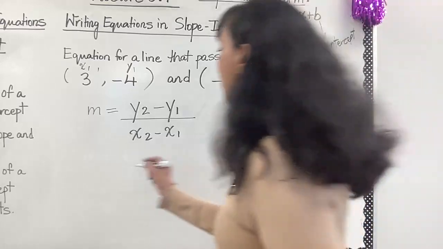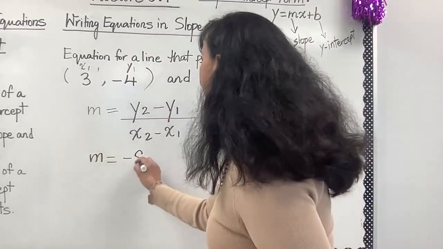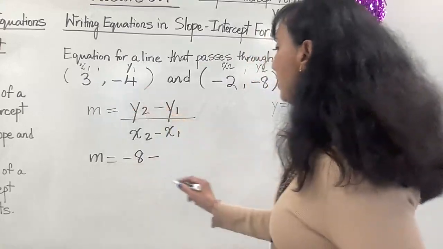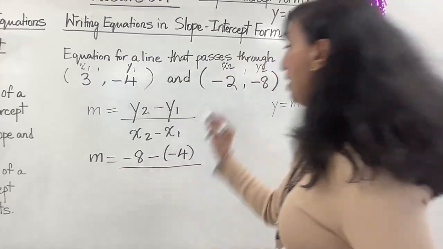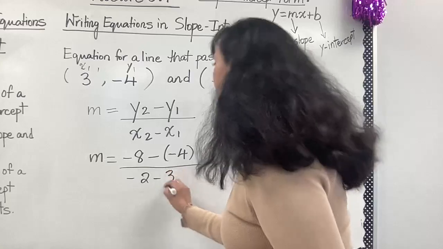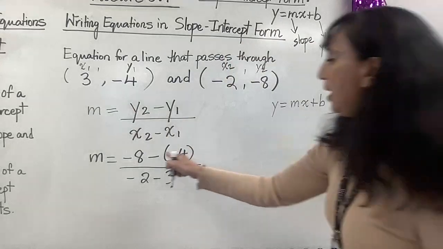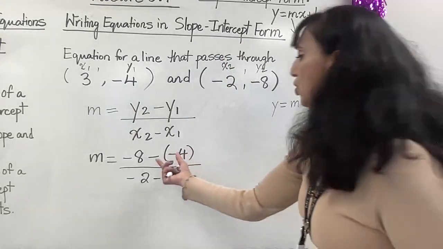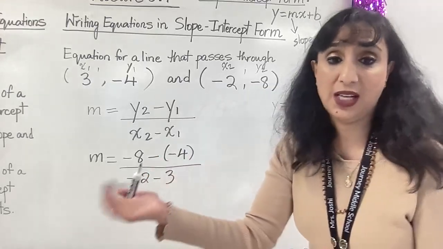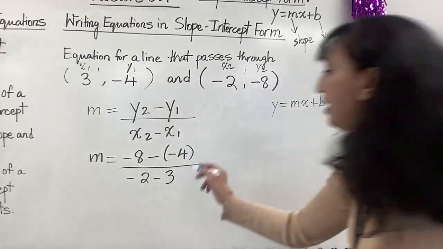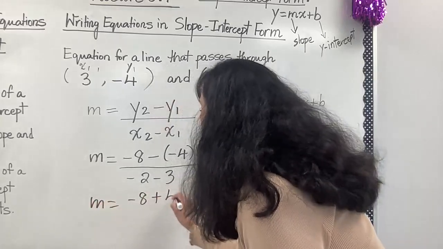So slope is equal to, what is y2? -8 minus y1 which is -4, right? Over -2 minus 3. And when I am doing negative and negative next to each other, removing negativity gives me positivity, right? Because we are adding the opposite. So this becomes -8 plus 4.